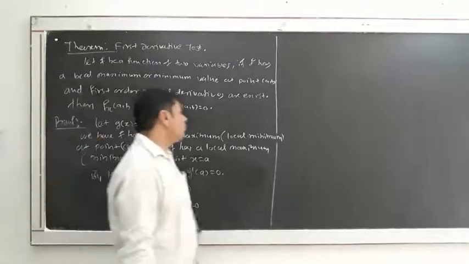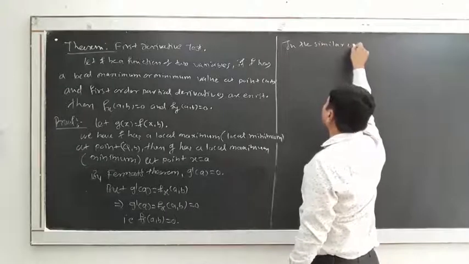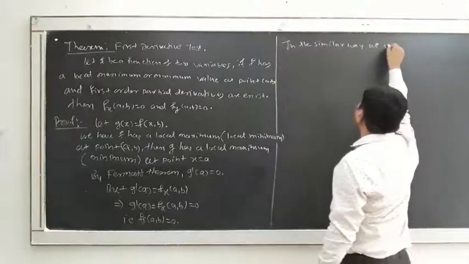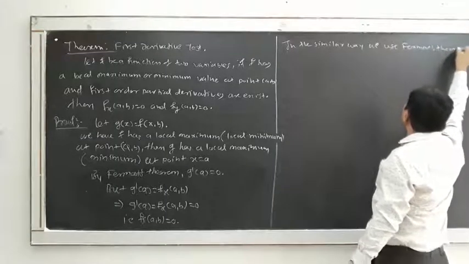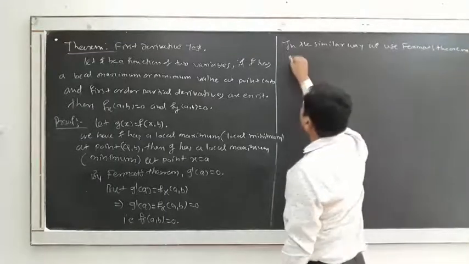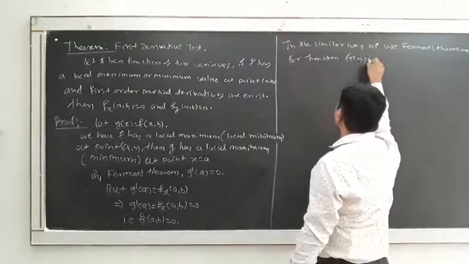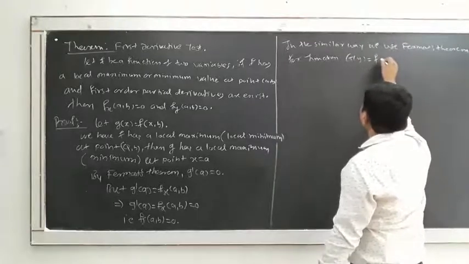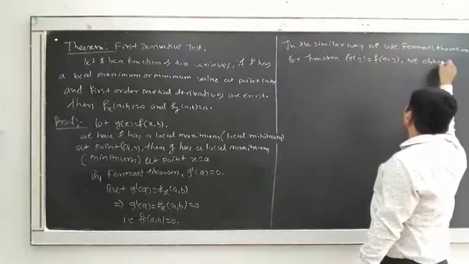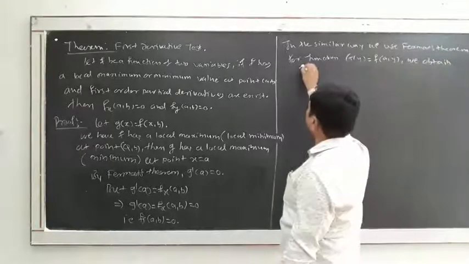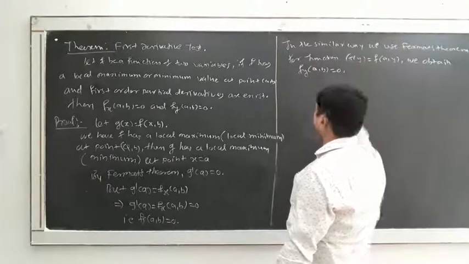In a similar way, we use Fermat's theorem for the function g(y) equal to f(a,y). We obtain fy(a,b) is equal to 0.